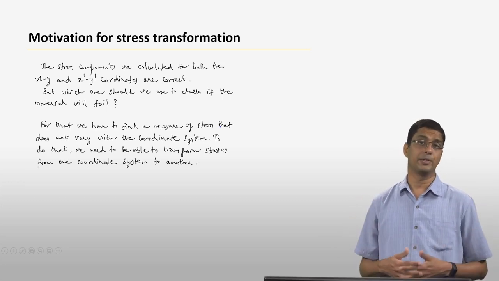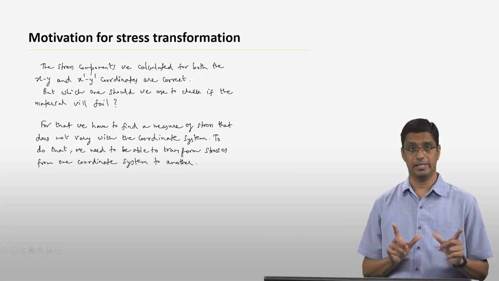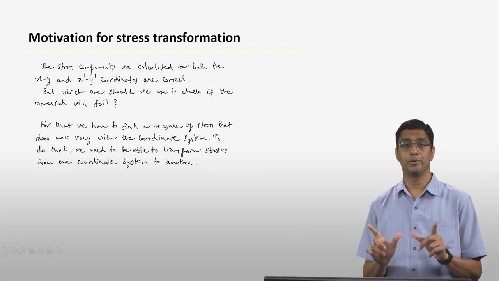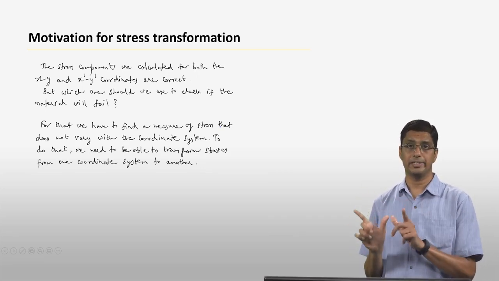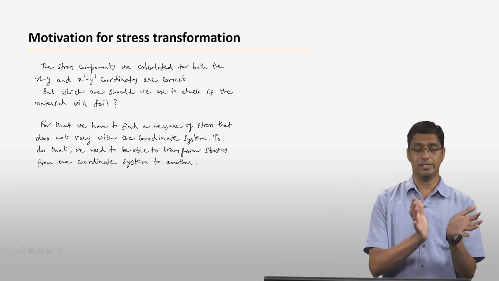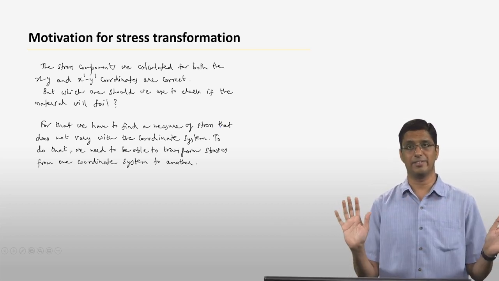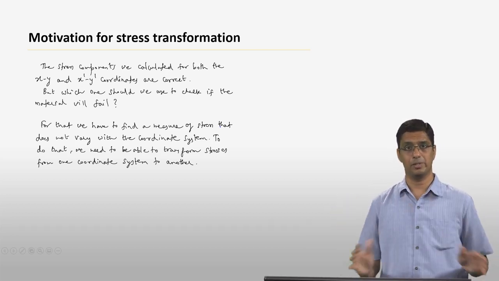As we go later in the class, we will look at what are called principal coordinates. If you transform from the given coordinate system to the principal coordinate system, you get a very specific stress matrix where all the shear stresses vanish and you have only normal stresses.